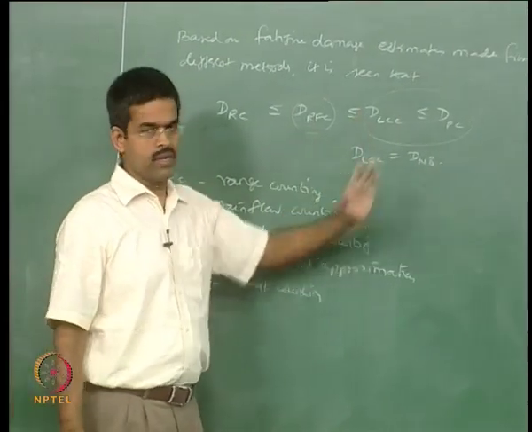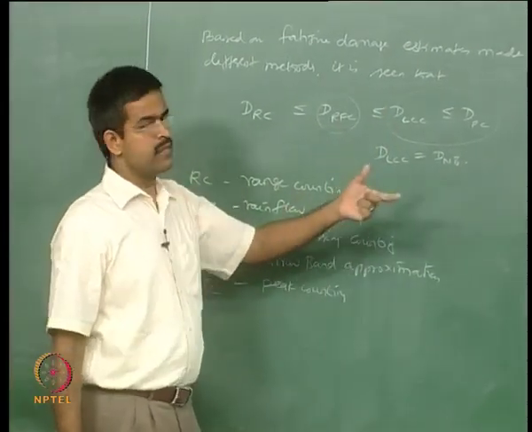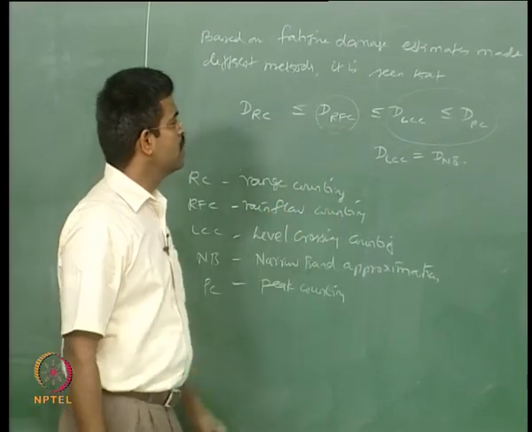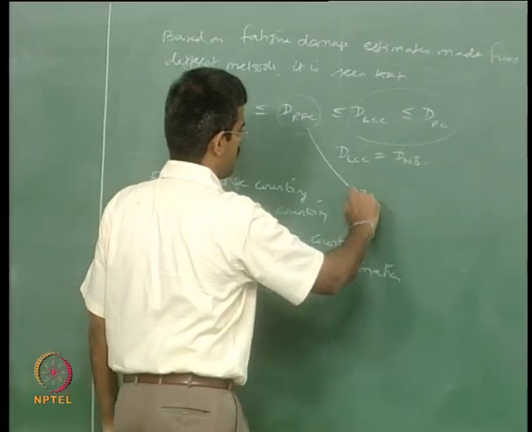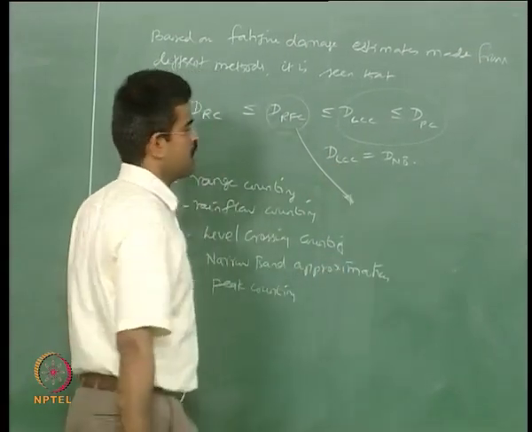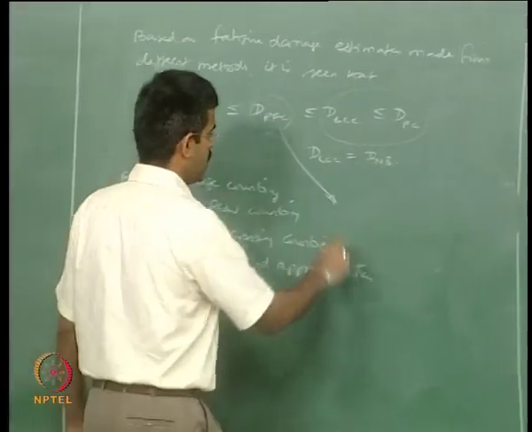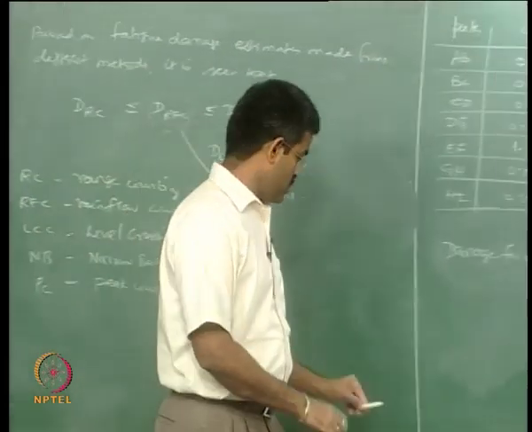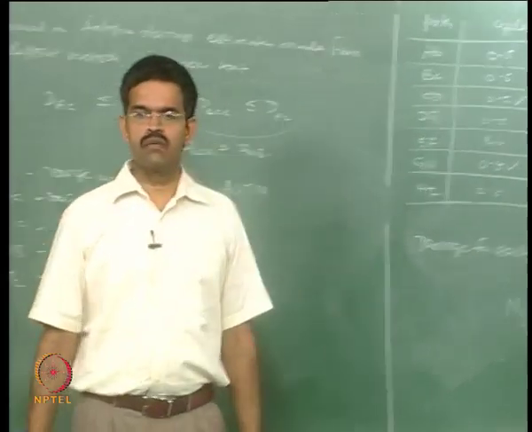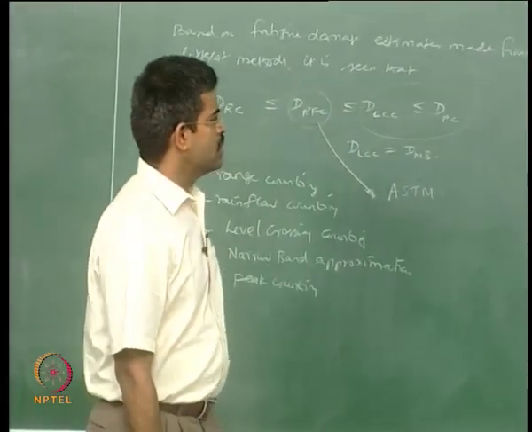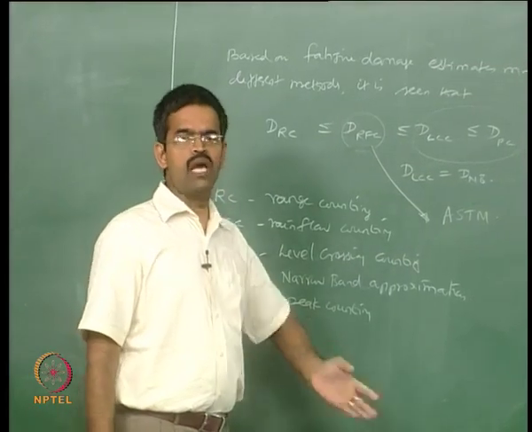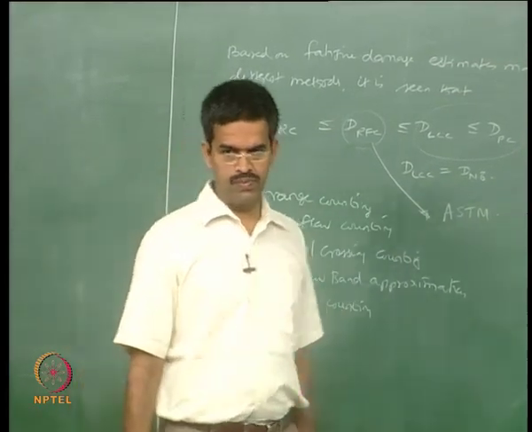So, there is an improvement available on the time series estimates of fatigue damage which is based upon the rain flow counting method, but this is not a method suggested by the local engineers or engineering group, it is suggested by ASTM. So, it is an important technical method by which fatigue damage can be assessed if the stress cycle time history is available to you. Okay.